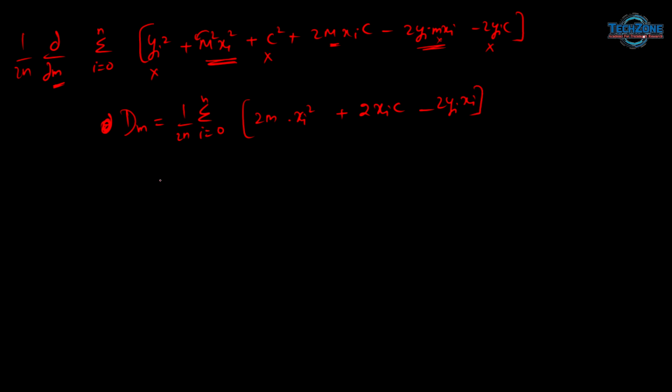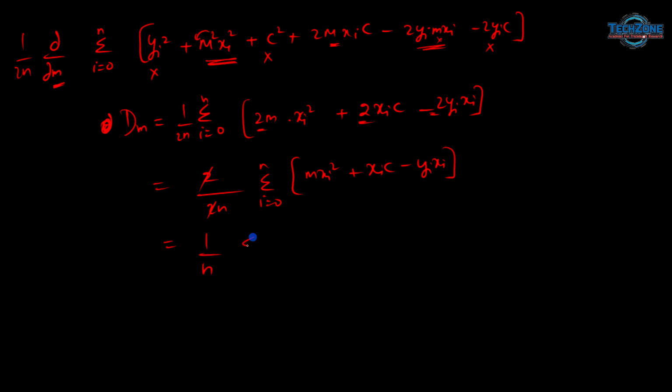2yixi. And if you take 2 common and bring it outside, it will be like this, right? mxi square plus xic minus yixi. So this 2 and this 2 will get cancelled. That is the reason why we divided by 2, which we learned initially, right?